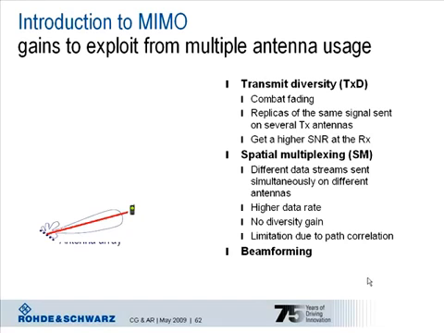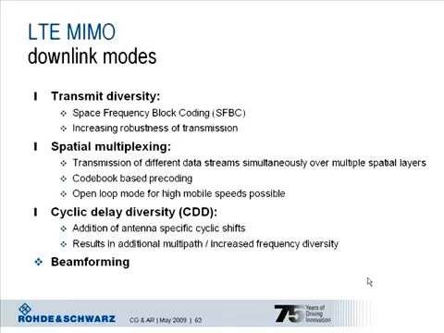This means that the uplink transmission from the mobile can be evaluated by the base station, and the necessary adaptations of the beam pattern in the downlink can be derived from this uplink transmission. Now this slide summarizes the MIMO modes used in the LTE downlink before we go into more detail on some of them. Transmit diversity is one MIMO mode.